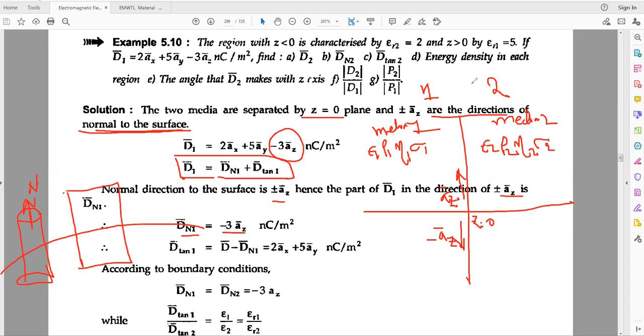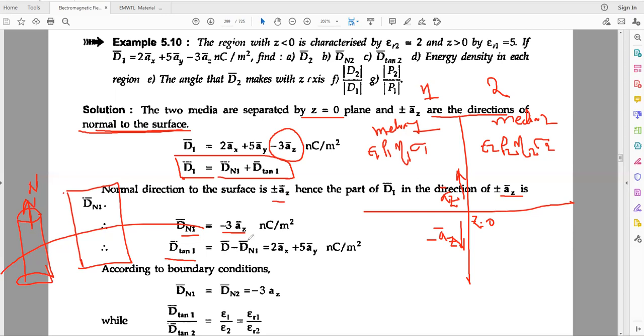The normal component is in the z-axis only. So Dn1 is minus 3 AZ bar nanocoulomb per meter square. Given that D1 has minus 3 AZ bar, the Dtan1 is equal to D bar minus Dn1, that is 2 AX bar plus 5 AY bar.